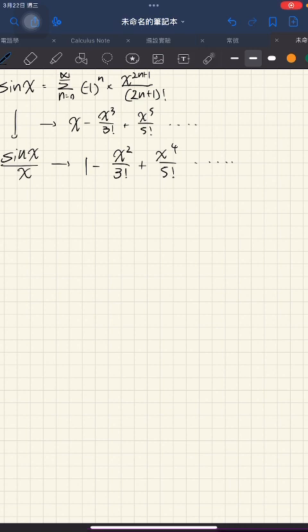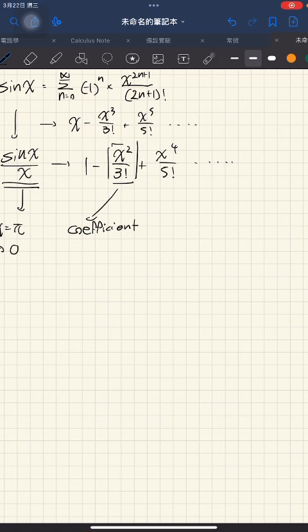Now we want to extract this out, and we want its coefficient. And we know that this term, if we plug in x equals pi, we get 0.